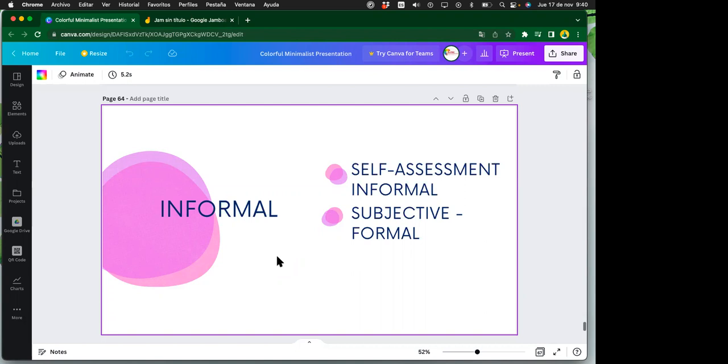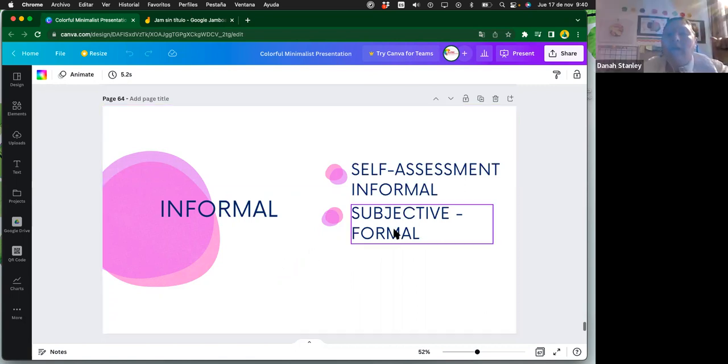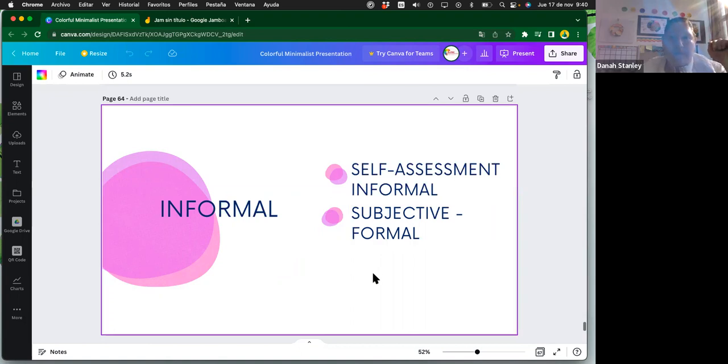No, we have different criteria for evaluating. Exactly. So that is subjective. The evaluation is held under the criteria each teacher has.